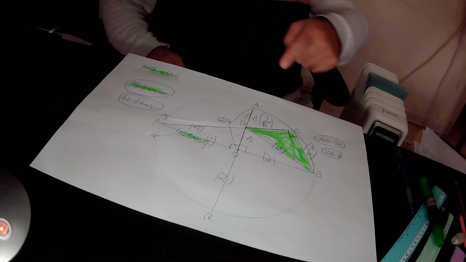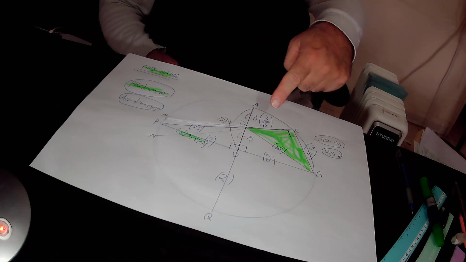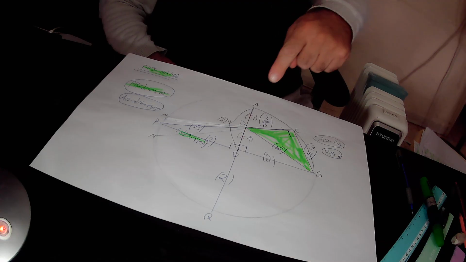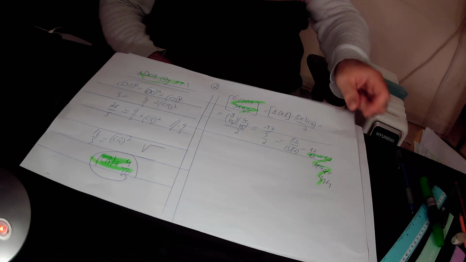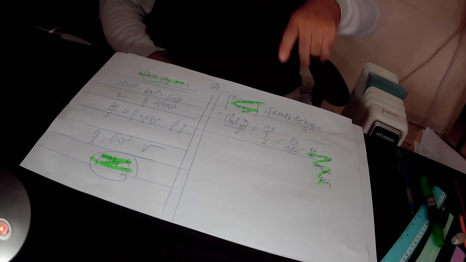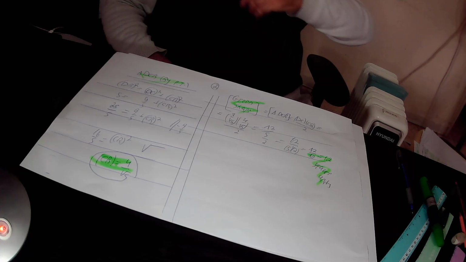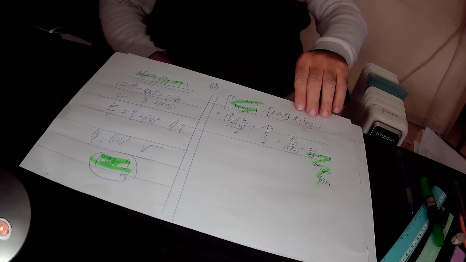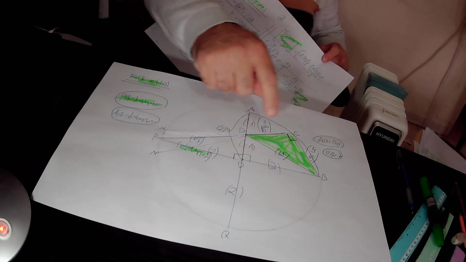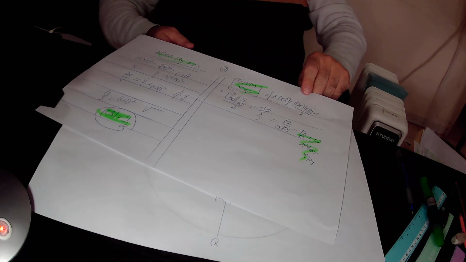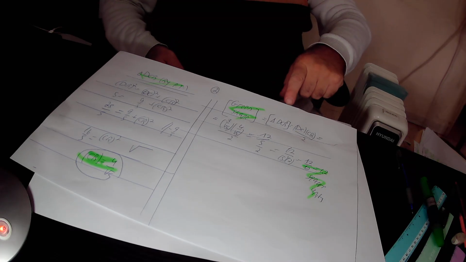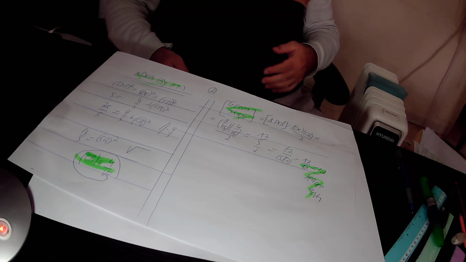The area of the green shape equals the area of this right triangle DCB, and it is equal to the base DC times CB over 2.